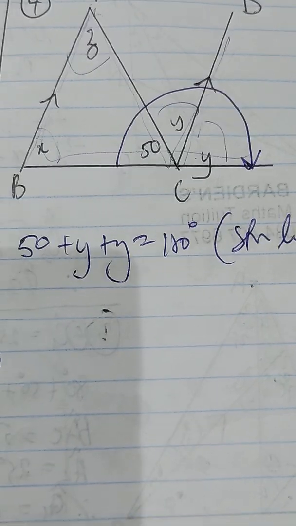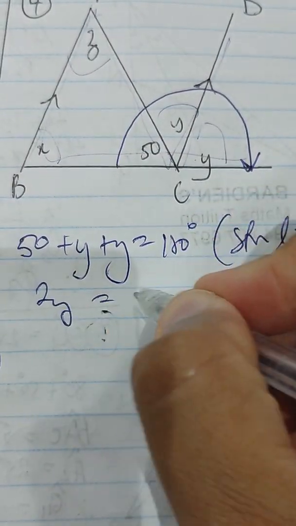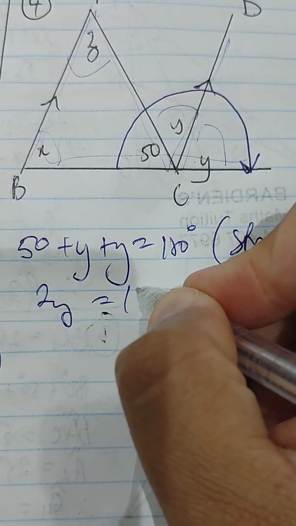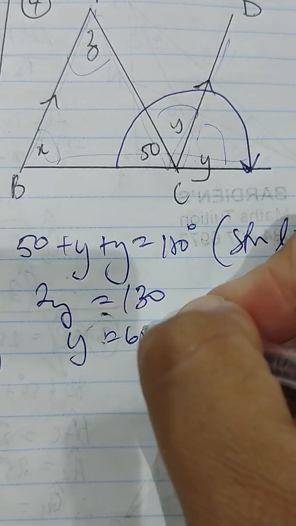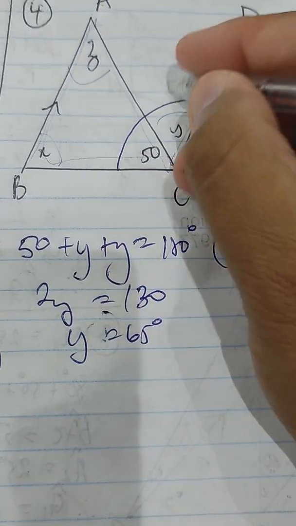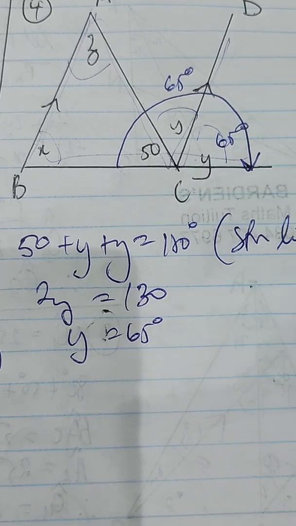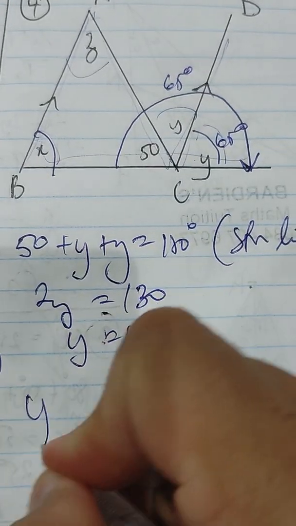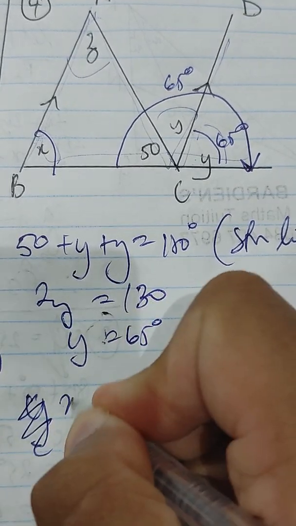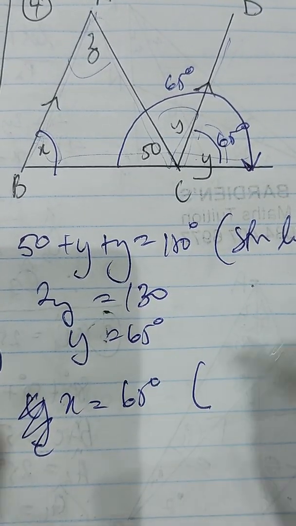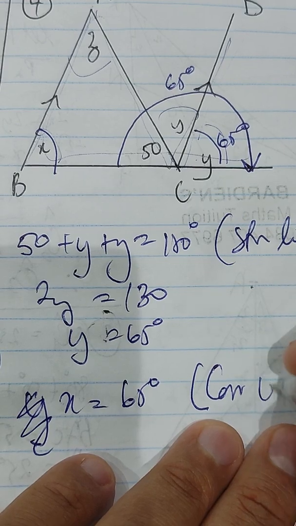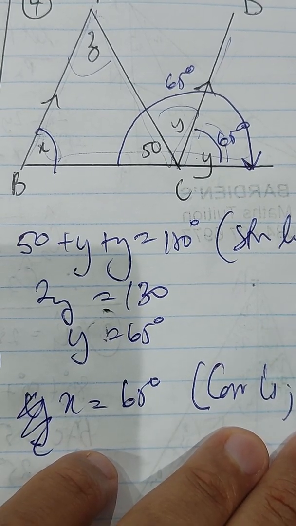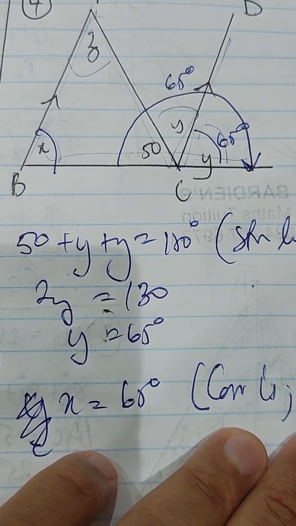Okay. So you got 2y is equal to 180 minus 50 is 130. Divided by 2 gives you 65 degrees. So that y is 65 and this is 65. We said that x is the same as that y. So x is equal to 65. It is corresponding angles with AB being parallel to CD.